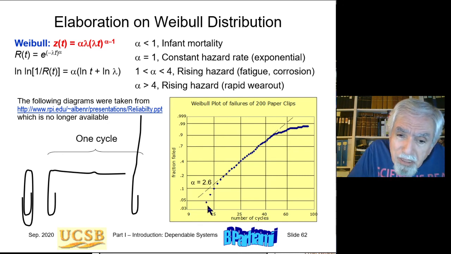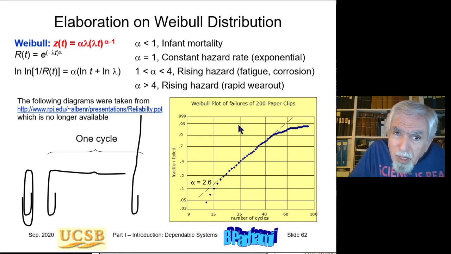Here we see there was a paper clip that broke after, let's say, about 12 times, another one after about 14 times, but there were some paper clips that lasted for maybe 80, 90 cycles, okay? And this distribution is a Weibull distribution with alpha equal to 2.6.